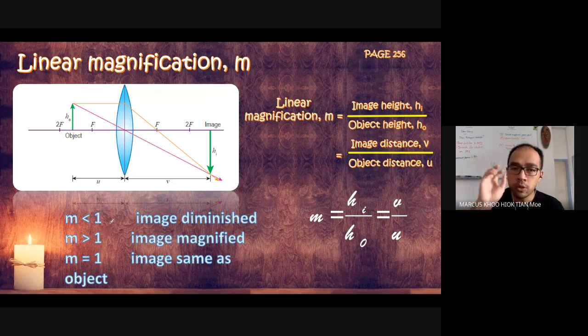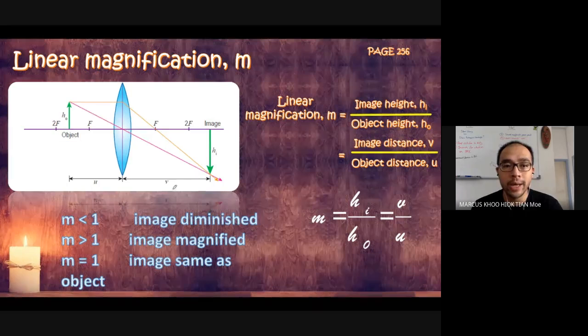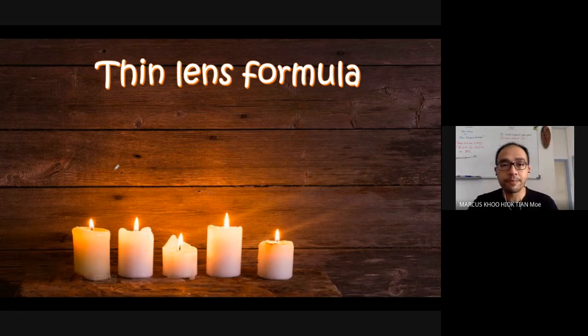But what I want you to take away from this slide, which we're going to learn today, is this u and this v. u is the object distance, from the object to the lens. v is the distance between the image and the lens. I want you to remember these two things because the thin lens formula talks about that. I've changed the slide, by the way.